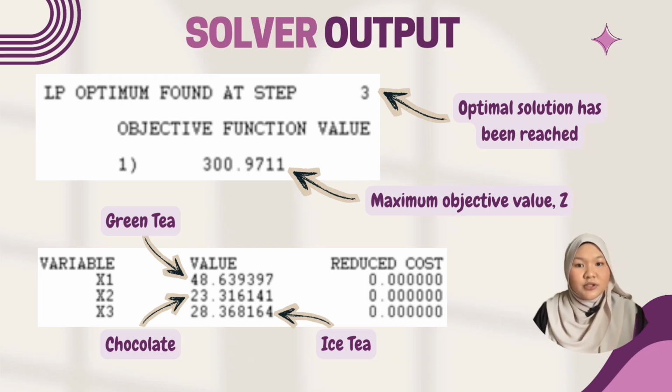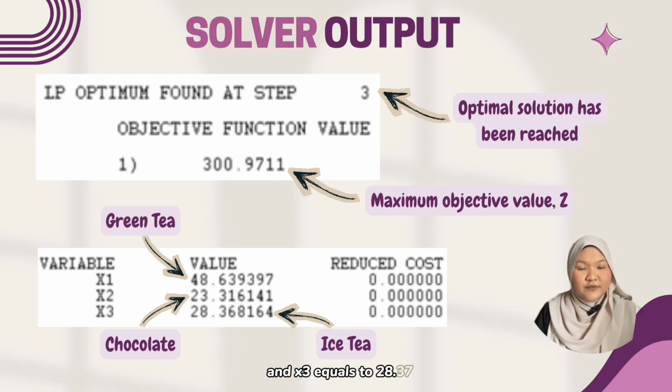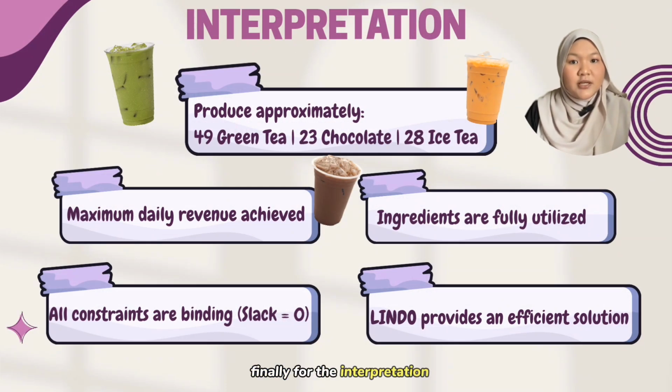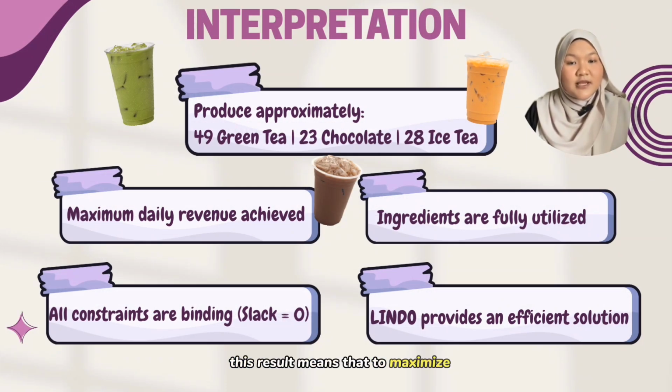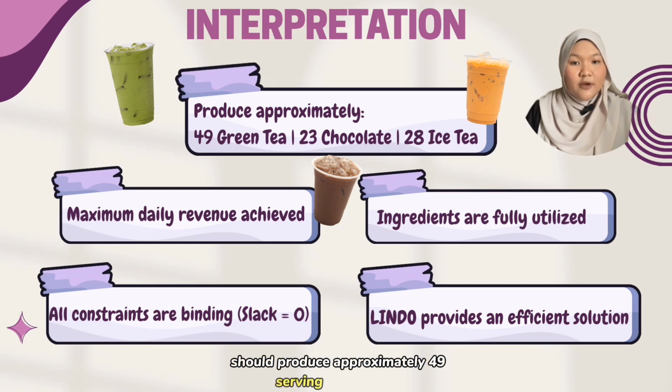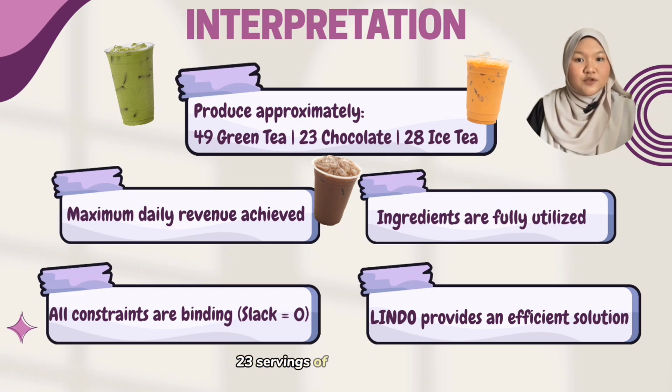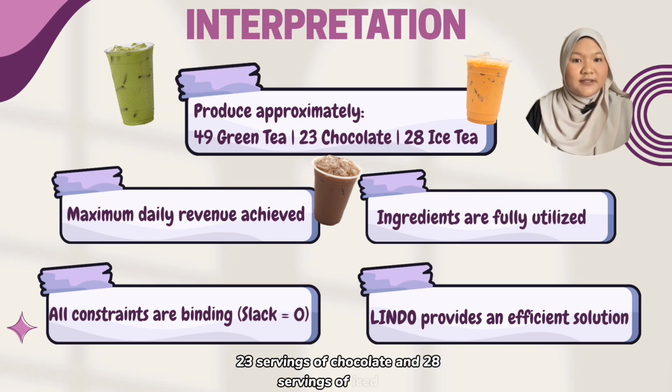The optimal values of the decision variables are x1 equals 48.64, x2 equals 23.32, and x3 equals 28.37. Finally, for the interpretation, this result means that to maximize daily revenue, the kiosk should produce approximately 49 servings of green tea, 23 servings of chocolate, and 28 servings of iced tea.